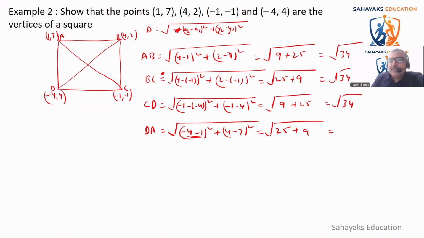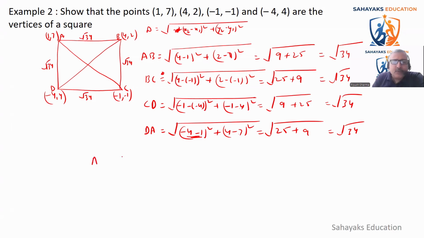So by now we know that all 4 sides are equal: square root of 34, square root of 34, square root of 34, square root of 34. But this does not confirm as of now that this is a square. Reason being, there could be a possibility that the diagonals are not equal and it is a rhombus. So to identify that, we are going to find the diagonals. Now we'll find the value AC.